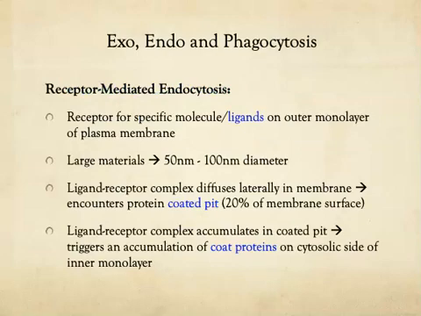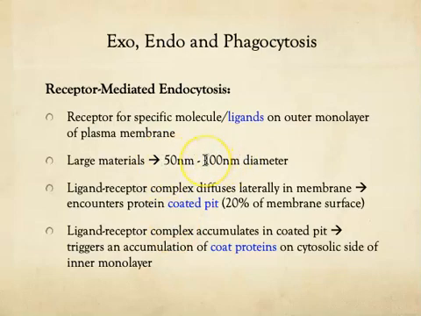So, of course, these receptors that are involved in RME are going to be exposed to the outside environment. In other words, they're going to be in the outer monolayer of the plasma membrane so that the molecule or the ligand can come and bind to them. These are generally relatively large materials, so upwards of maybe 100 nanometers in diameter.